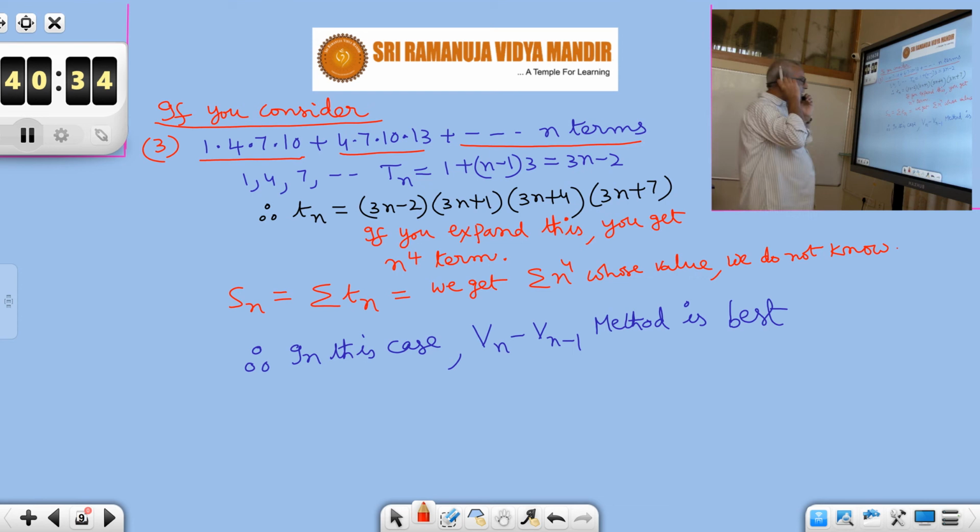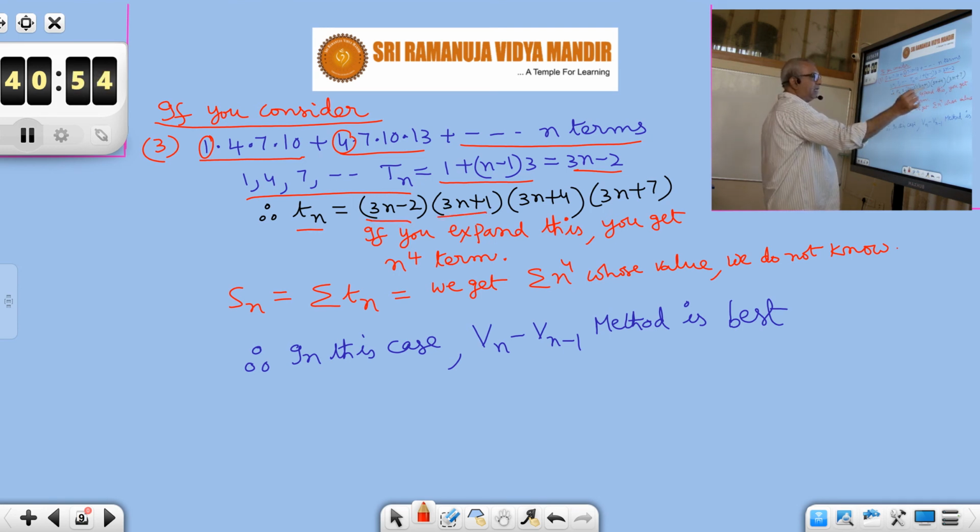Then nth term we can write it. See, first factors 1, 4, 7, etc. they are in AP, and nth term is a plus n minus 1 into d, 3n minus 2. So in the nth term, first factor is 3n minus 2, second factor is obtained by adding 3, add another 3, add another 3, 4 factors. This is Tn.